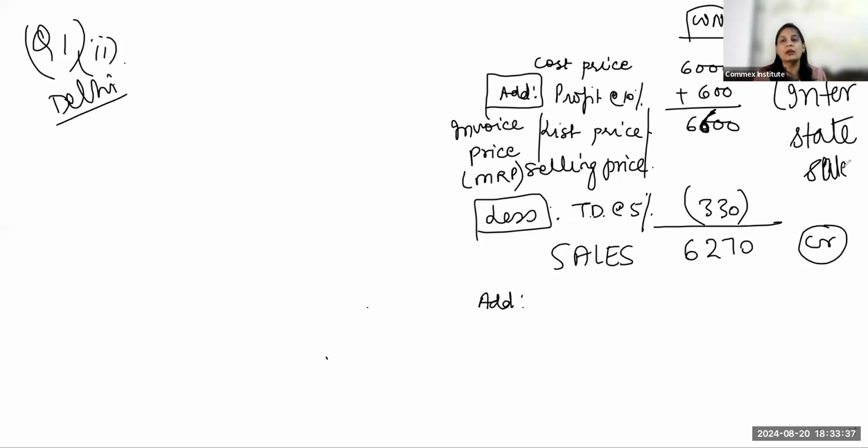In an interstate transaction, IGST, integrated GST, applies, at the rate of 18%. So we have to take 18% of 6,270. A lot of calculations have been done.